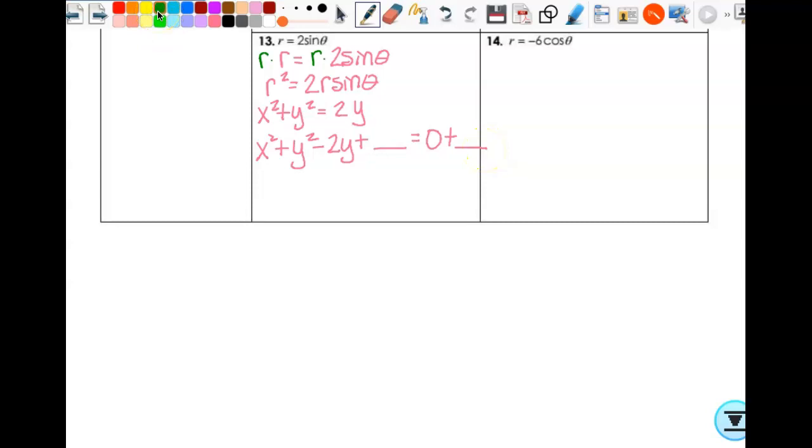I get that magic number by taking half of this and squaring it, and I get 1. And so if I add 1 to one side, I have to add it to the other side. That completed the square for me, so now I have x squared plus y minus 1 squared equals 1. And that's your circle.